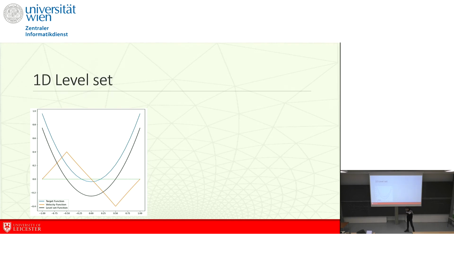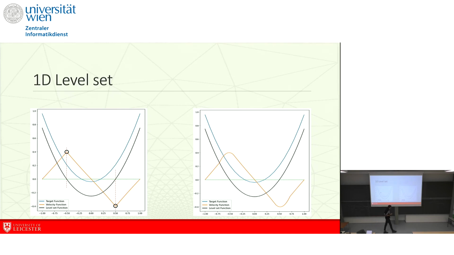And what we note is that at the points exactly at the level set, these points here are not continuous. And this is a problem because if we have an element crossing the level set like this, we won't get an accurate solution.